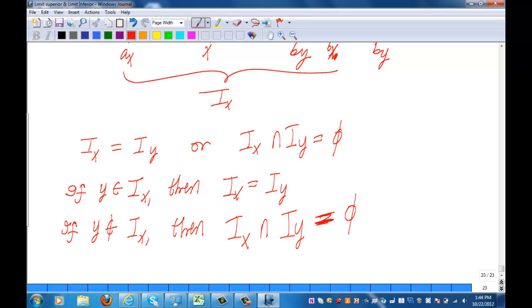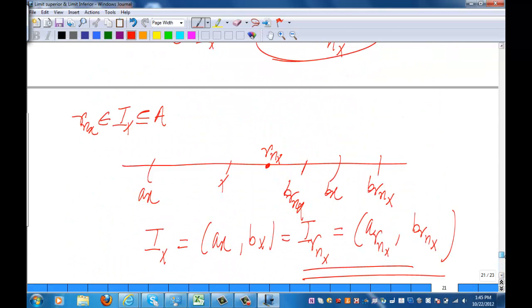So you can't have them intersecting unless Y is already inside of Ix. They are disjoint if Y is not in Ix. So the only way Ix and Iy intersect is when they are actually the same.